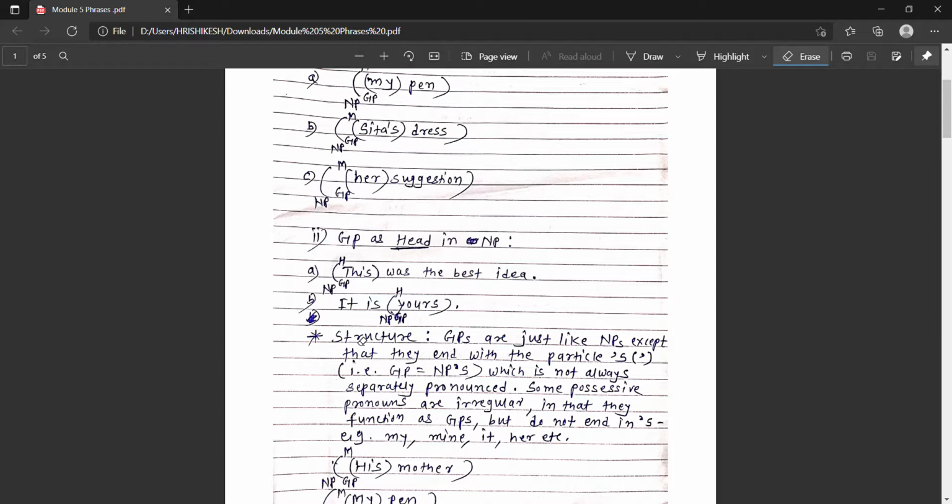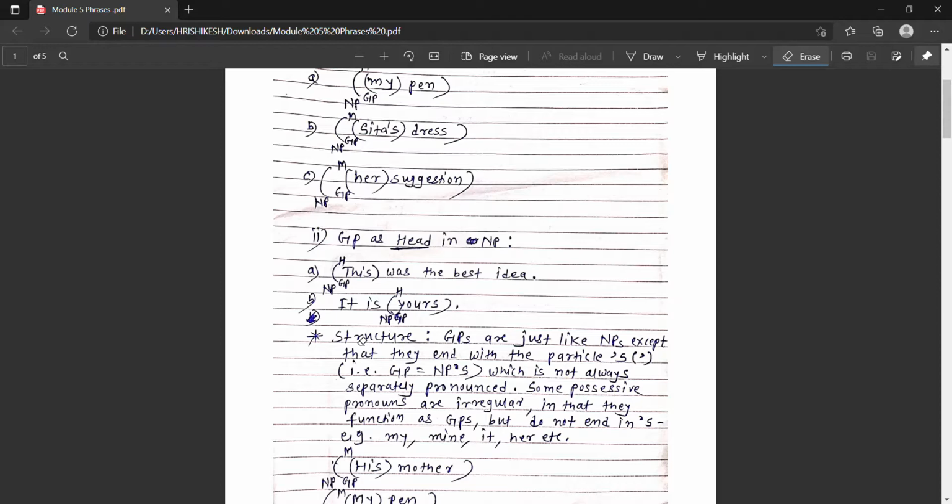That is the difference between NP and GP. You can add apostrophe s to the noun phrase, and so the structure of the GP is: GP equals NP plus apostrophe s, which is not always separately pronounced.